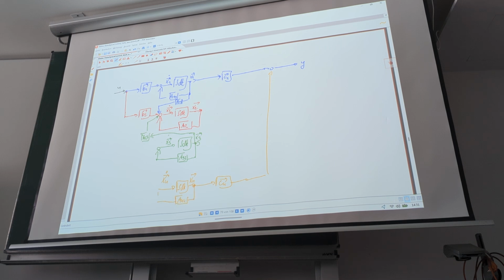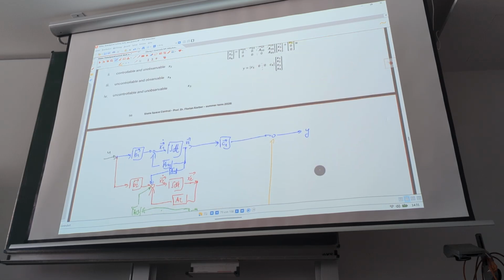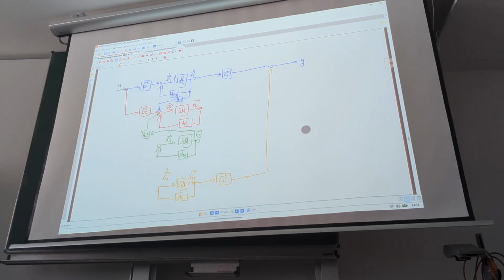A44, basically like this, and this goes into 1 and 3, so A34 goes in here, and A14 goes in here.